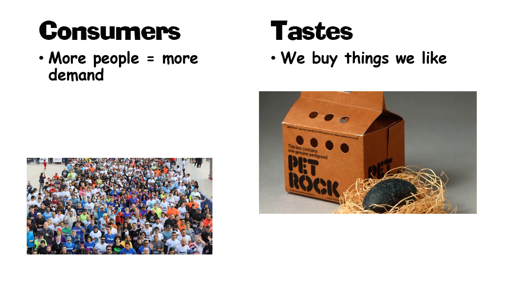There's a rock and there's an instruction manual. And the instruction manual tells you, for example, how to teach your rock to do tricks like play dead. Well, that Christmas, millions of these things got sold, and the fool that came up with this pet rock idea made a lot of money. But you don't really see those in the stores these days, do you?